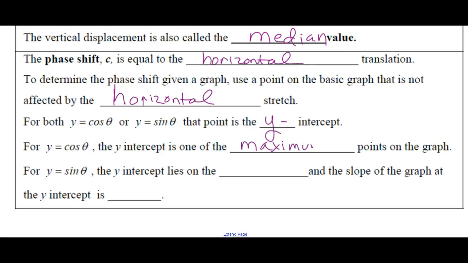Which then for us, because of our reflection, became a minimum point. For y equals sine theta, the y-intercept lies on the midline, and the slope of the graph at the y-intercept is... I'm going to give it to you because it lies on the midline.